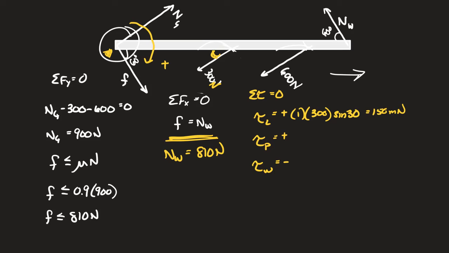The person, we don't know where they stand, L. We know how big their force is, 600. And we know we're dealing with an angle of 60 degrees. I'm sorry, it's not 60 degrees.